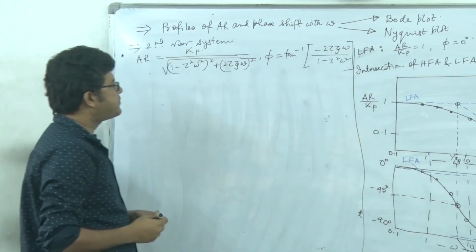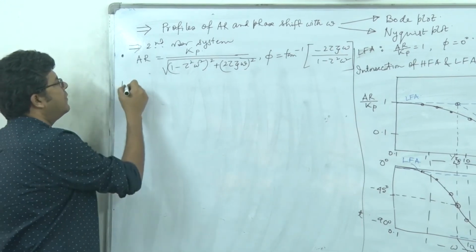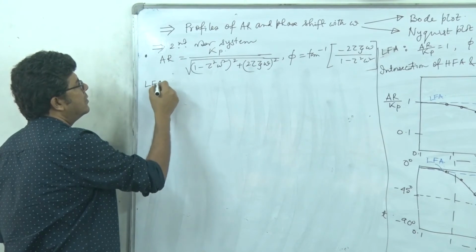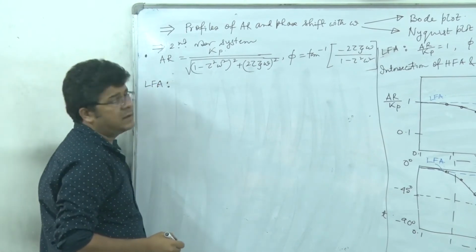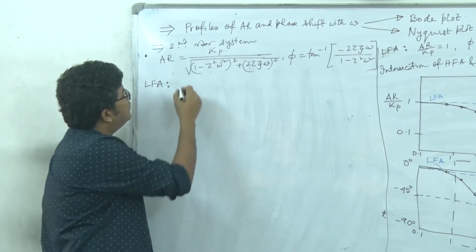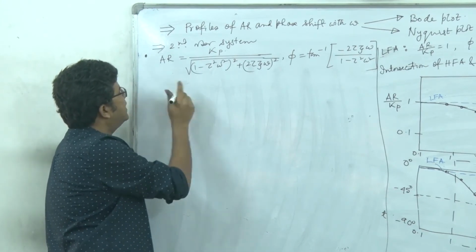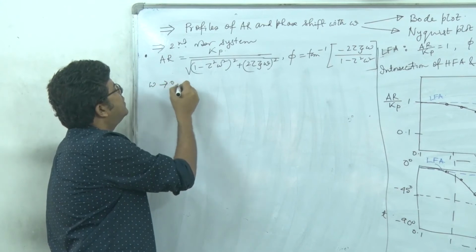So what is the low frequency asymptote? Again, as omega tends to 0, what is our finding? AR tends to Kp.